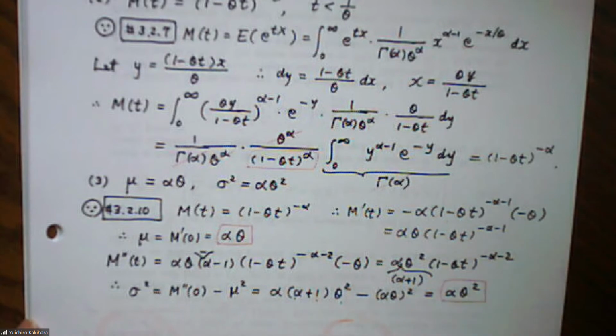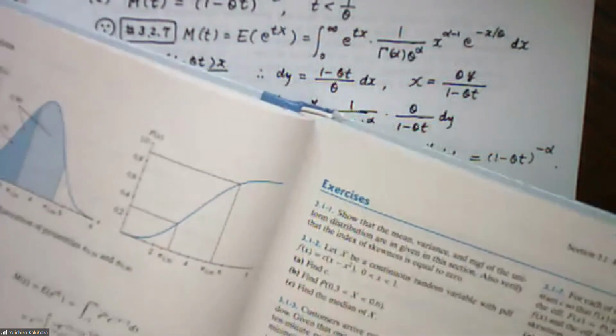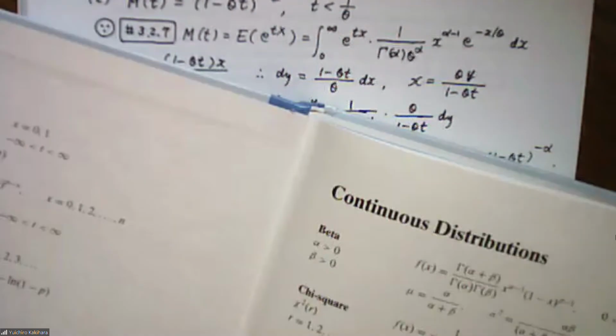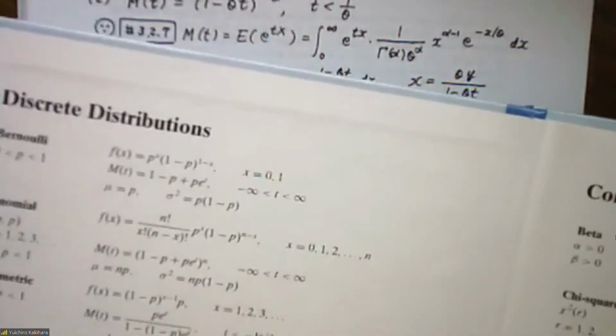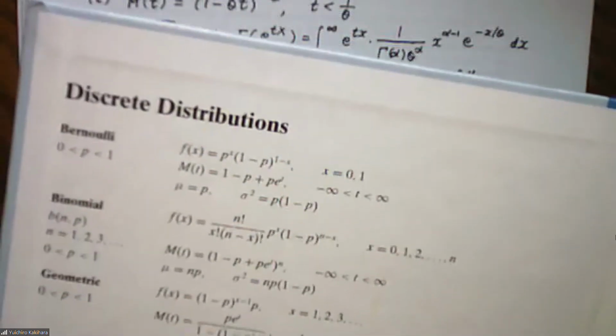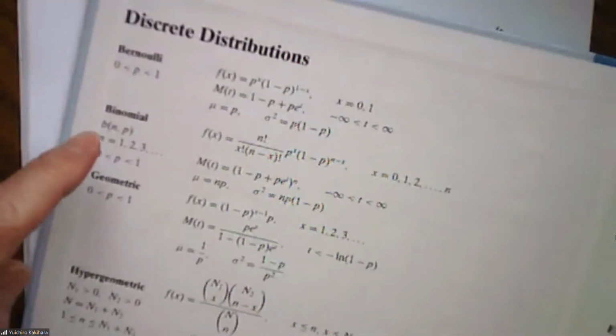Please memorize this too. By the way, your textbook has this information. On the backside of the cover, there are discrete distributions: Bernoulli, binomial, geometric, and so on.